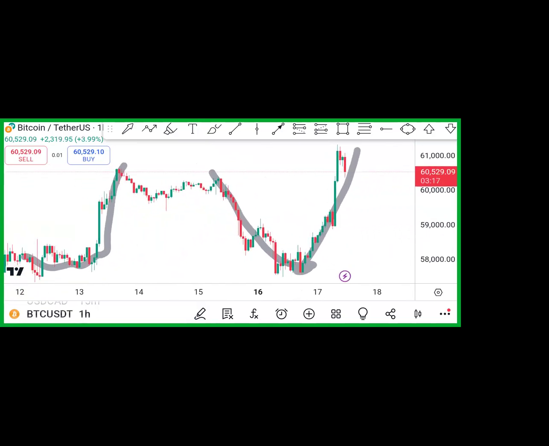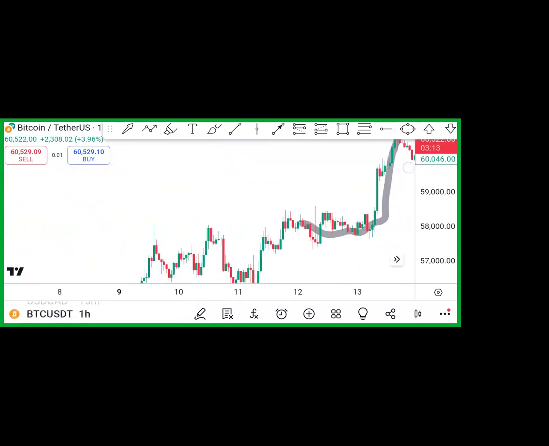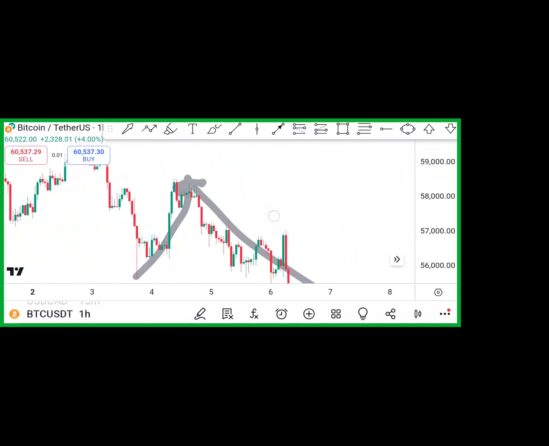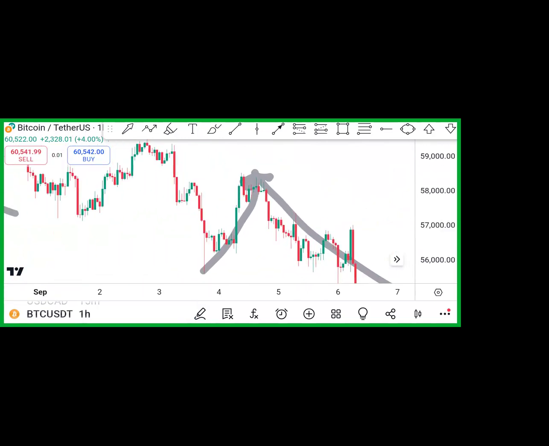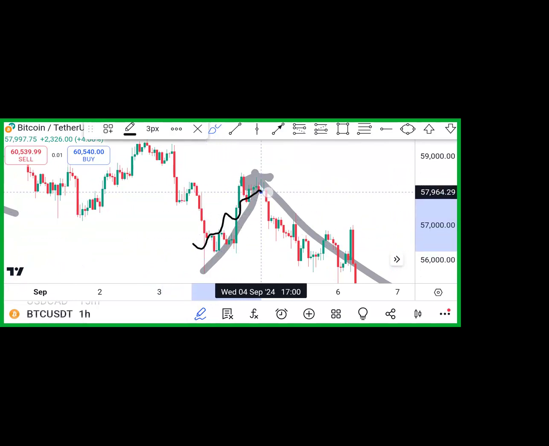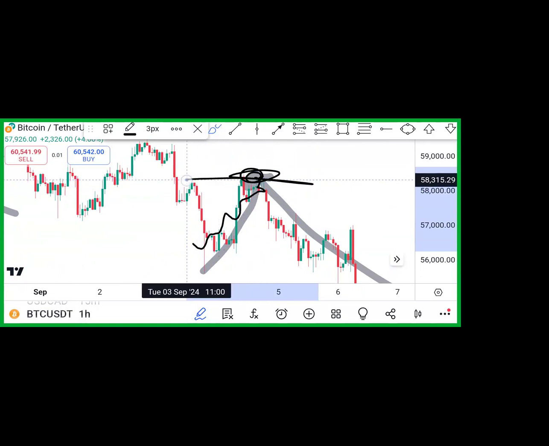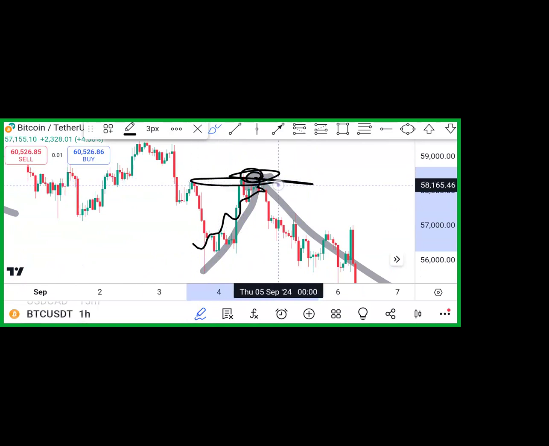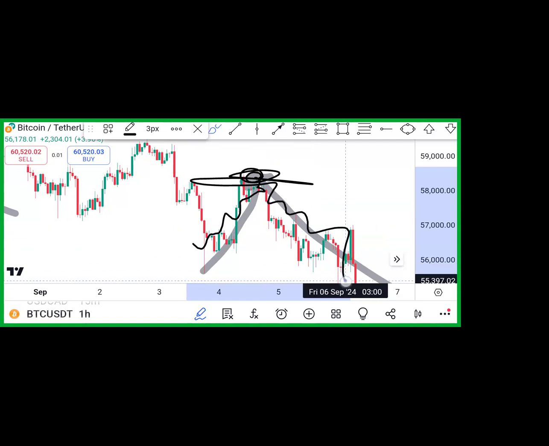A supply level is an area at the top of the price where sellers started taking charge of the market. At this level, the buyers have been buying, and when the price got here, sellers started taking charge of the market and it started selling.